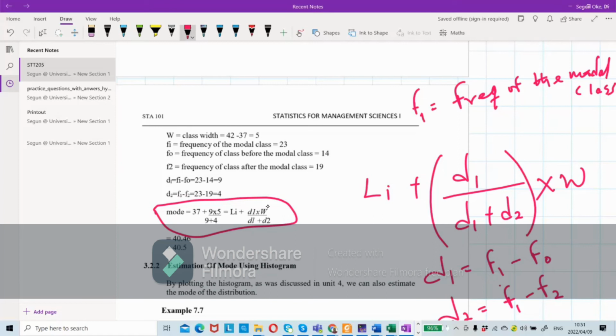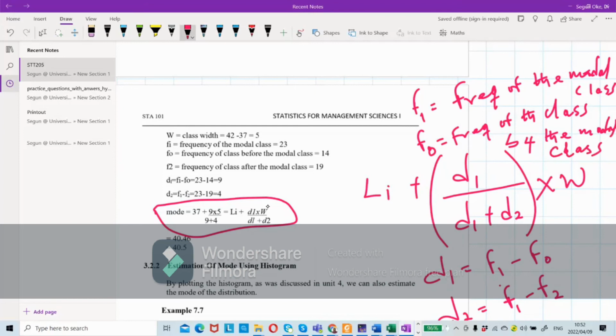And F naught is the same thing, the frequency of the class before the modal class.